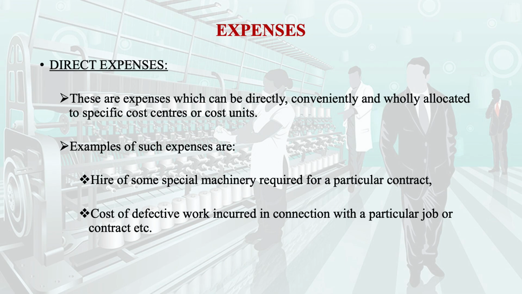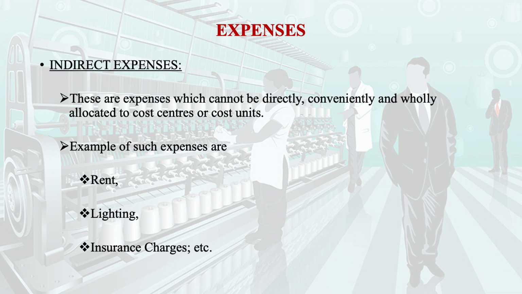Indirect expenses are those which cannot be directly, conveniently or wholly allocated to the cost center. Examples are rent, electricity charges, lighting and insurance charges. They come under the indirect expenses.